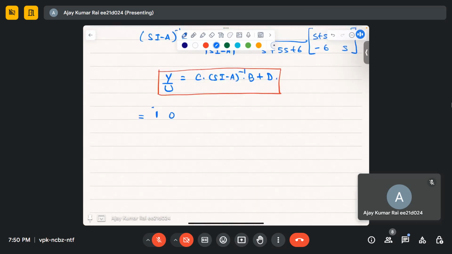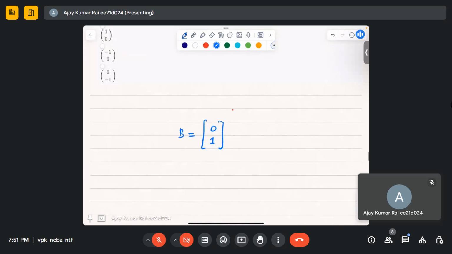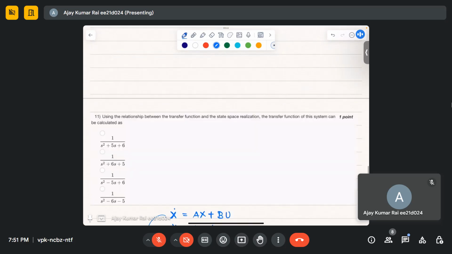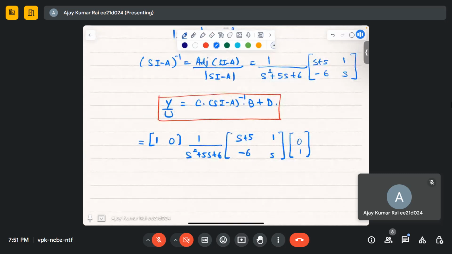Just now we have calculated this to be 1 by s square plus 5s plus 6. I'm just keeping it out of the matrix. You can multiply also. So what is B? I think B was 1 0. Let me again check. B was 0 1. Okay, let me correct it. D is equal to 0.